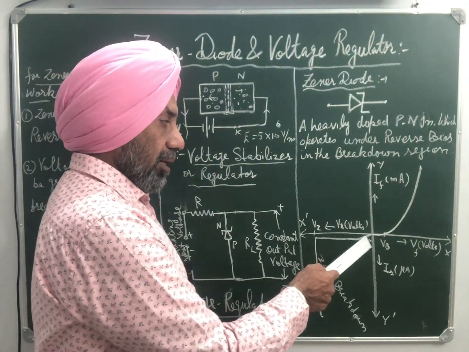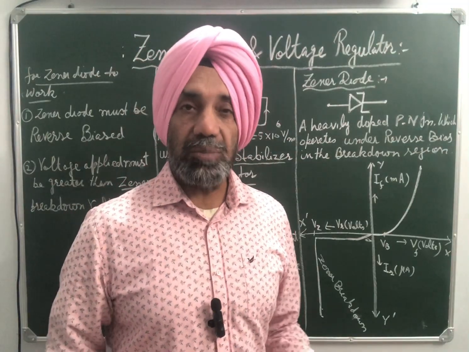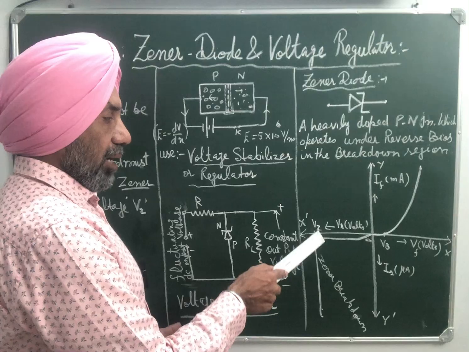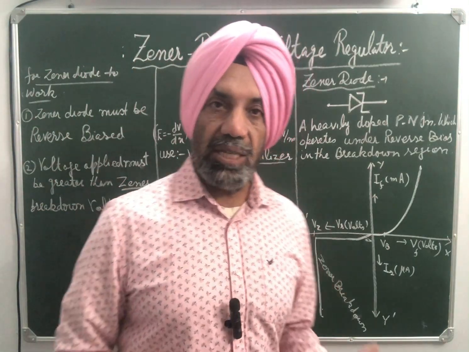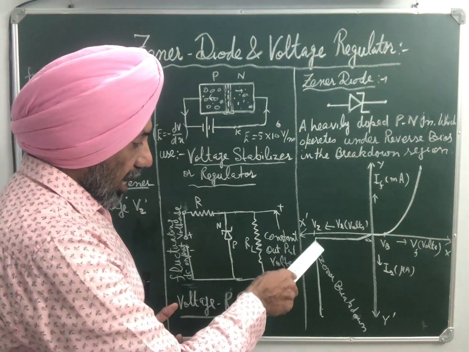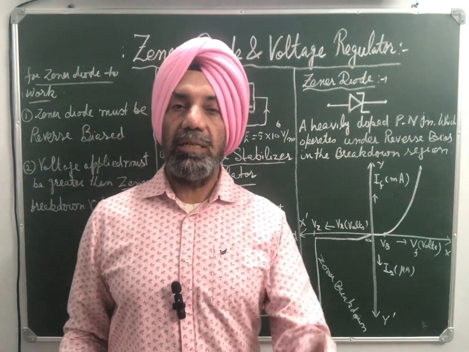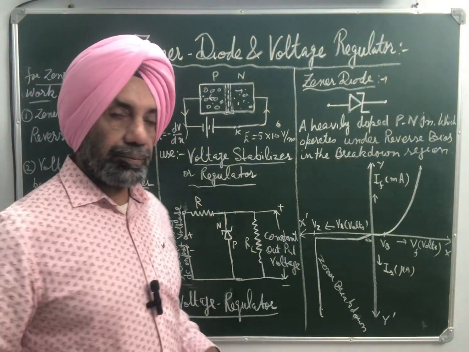When we go on increasing the reverse voltage, a stage comes at a particular reverse voltage, known as Zener voltage, where the current rises abruptly. There is a sharp increase in the diode current, the reverse current you can say.